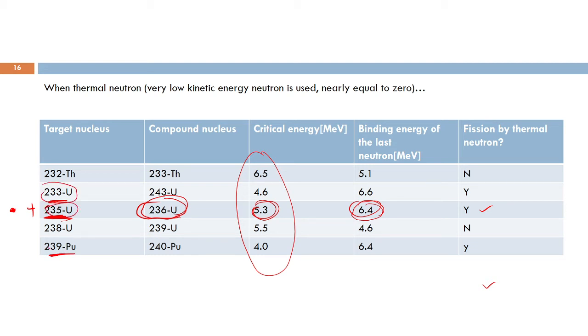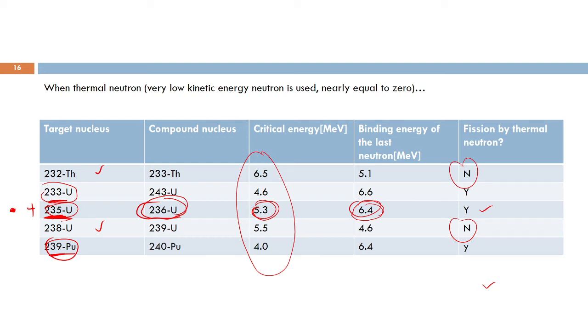So these are fissile materials. But thorium-232 or uranium-238 are not fissile, they are fertile, like I said at the beginning.